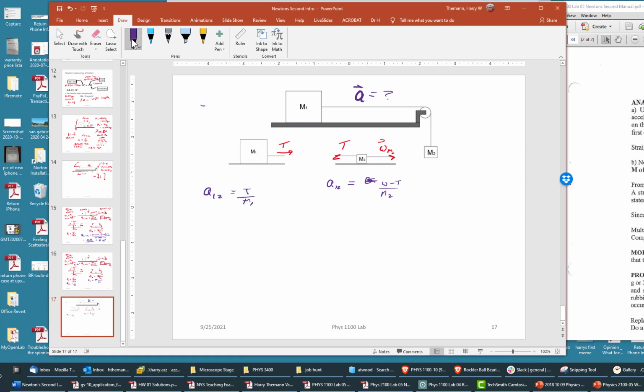T equals M1 A12, which is just the A of the whole system, recall.